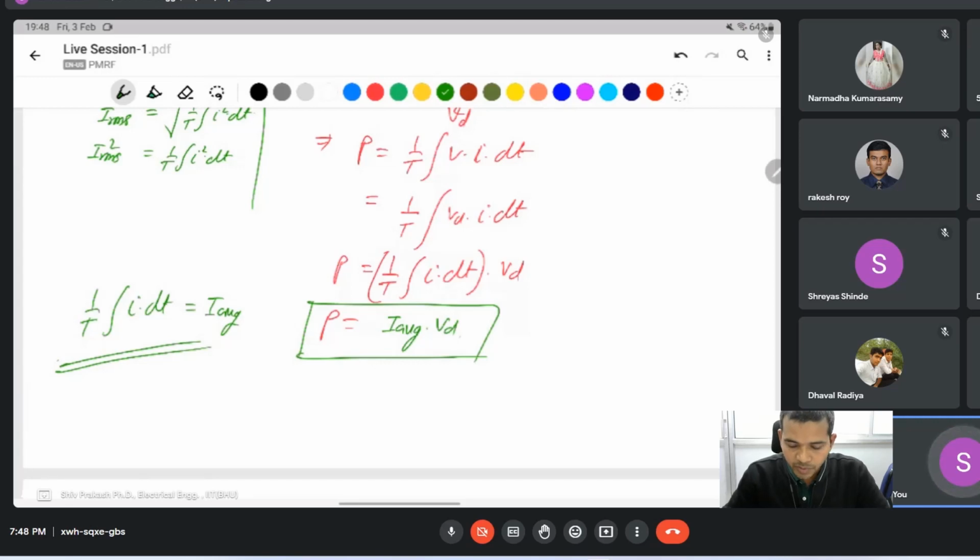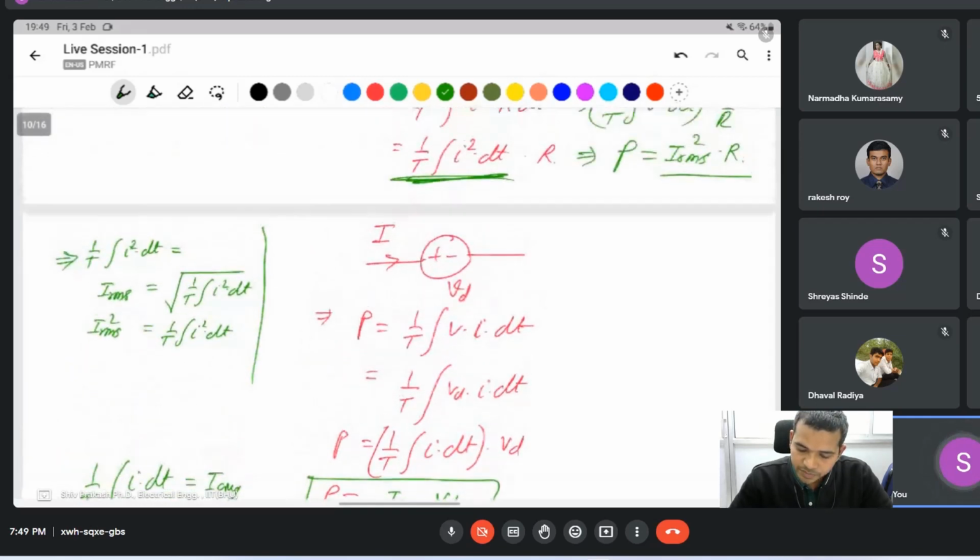It means you have a voltage source and current passing through it, and the actual power loss of this source is I average into voltage drop. It is not the RMS value or a peak value. It's an average value.